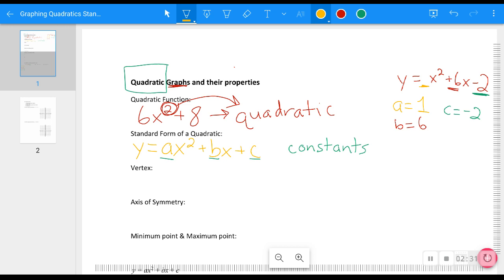So back to the graph of a quadratic. Generally, they're always going to look like a giant U shape. And that shape is also called a parabola.